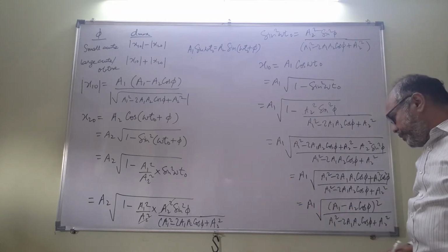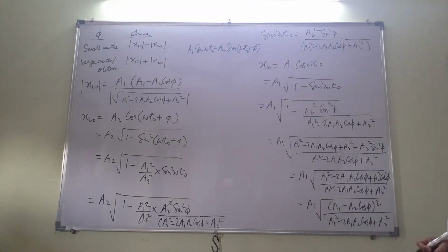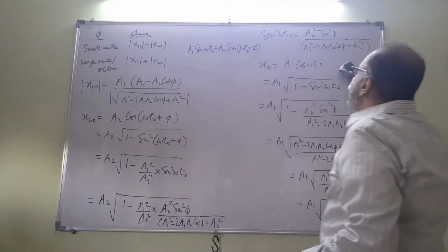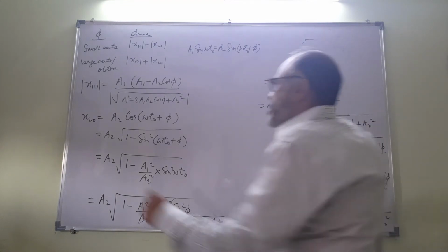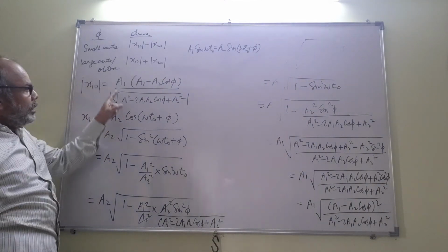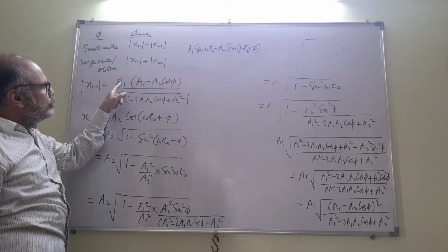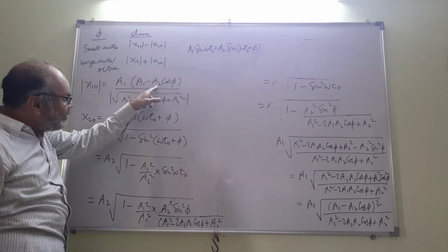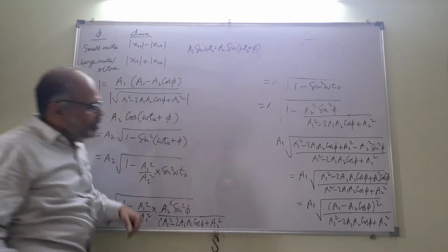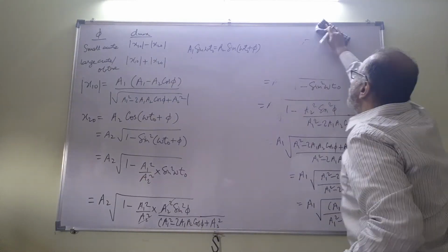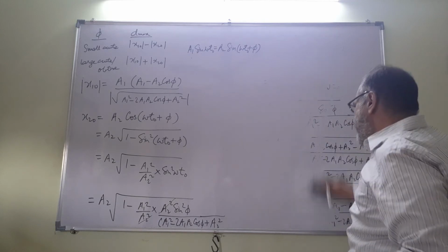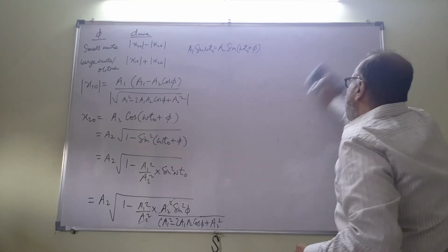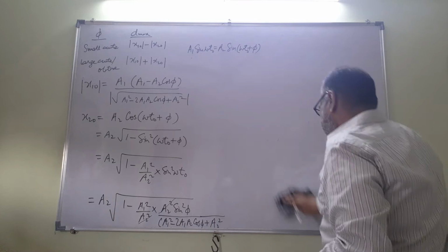So if you simplify this, what are you going to get? We would expect the answer to be a2 into a2 minus a1 cos phi with the same denominator. Simplifying it in the same way is going to result in that answer.